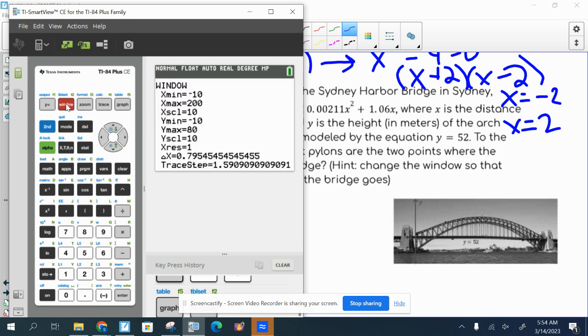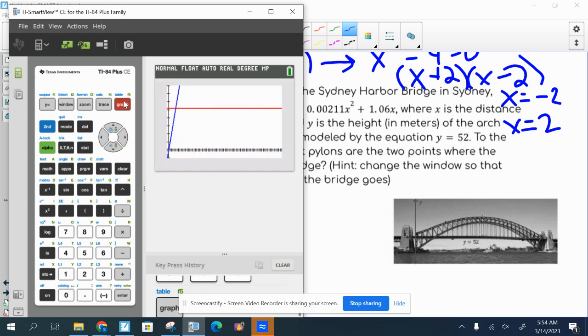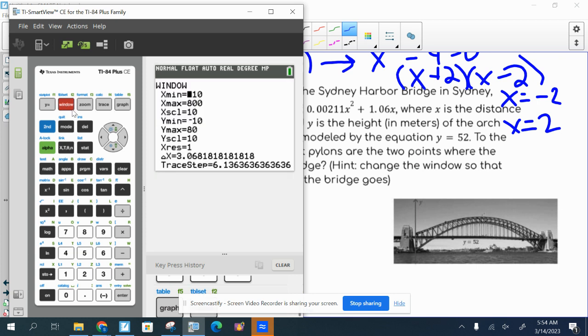So let's go more. Let's try 800. Still not quite. I can't see the other side of it. Let's try 1200. And then you see how many tick marks were on the bottom? So if I change this to 100, then it won't look like that.